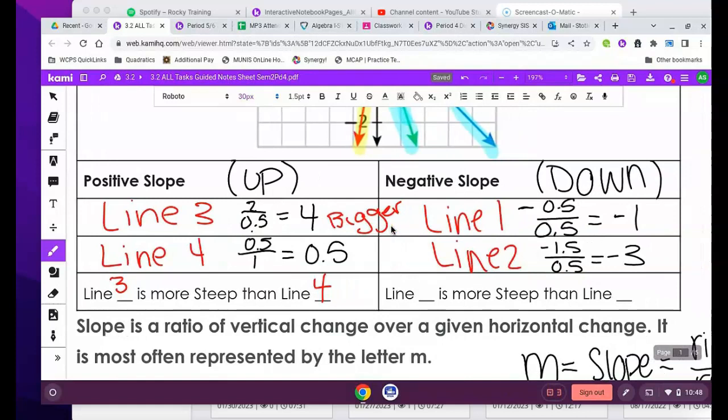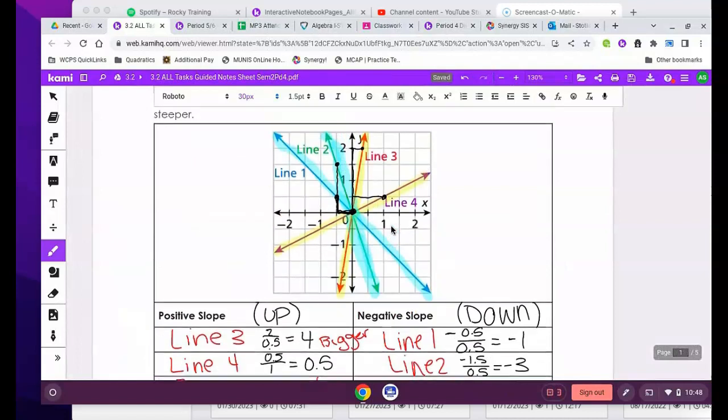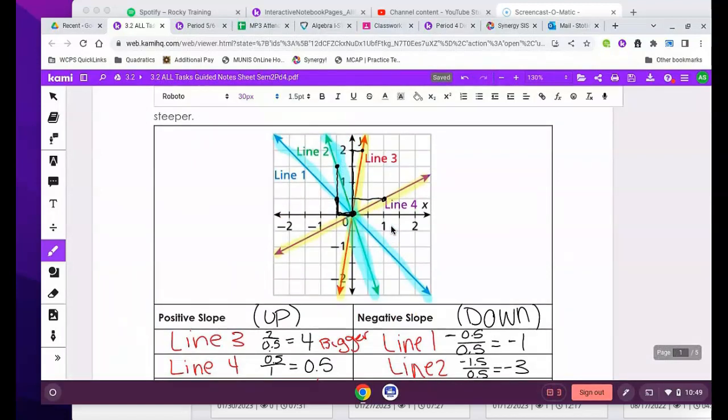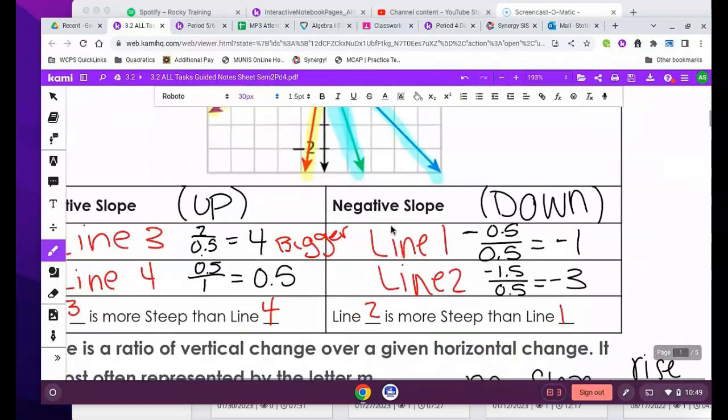Now, if we look over here, we need to figure out which one's bigger. Technically the 3 is bigger, even though it's negative. So line 2 is more steep than line 1. And we can see that line 2 is a little bit taller than line 1. Line 3 is a little bit taller than line 4.